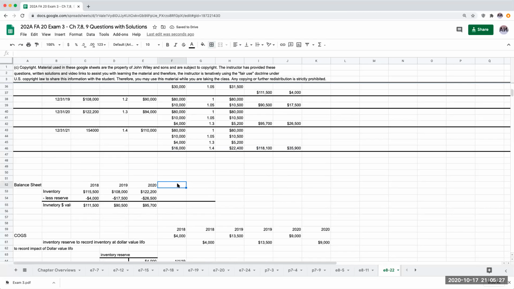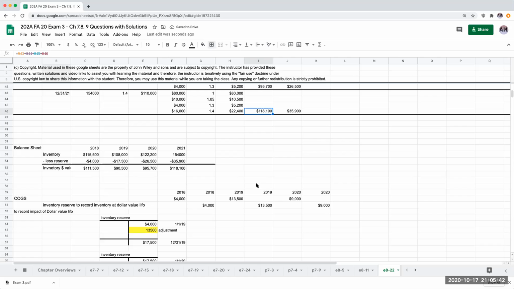So for 2021, my inventory amount is going to be 154,000. My LIFO reserve is 35.9. My ending inventory at dollar value LIFO is then at 118,100.